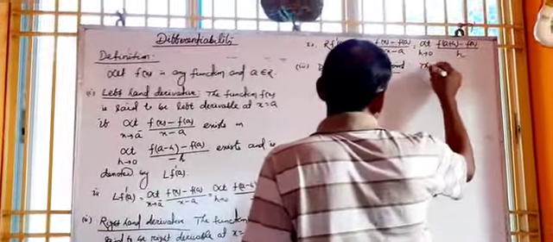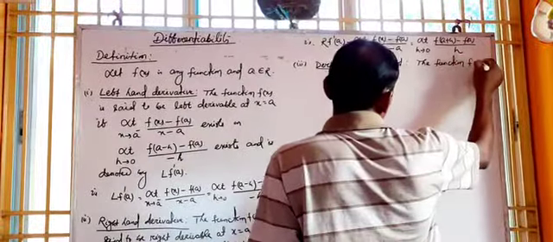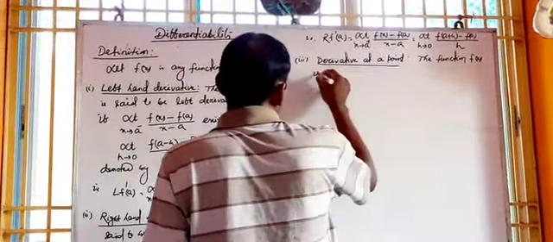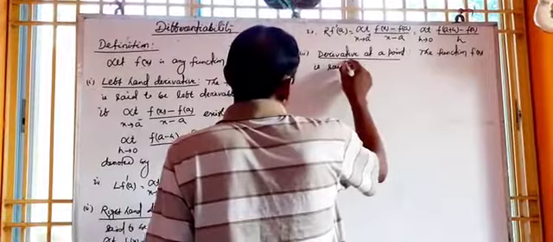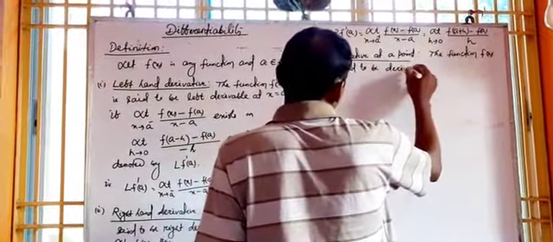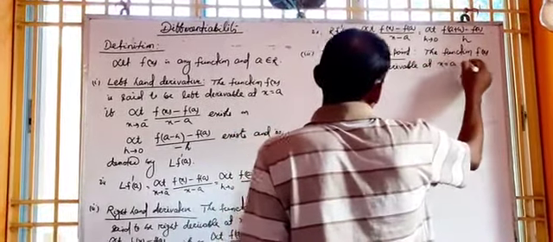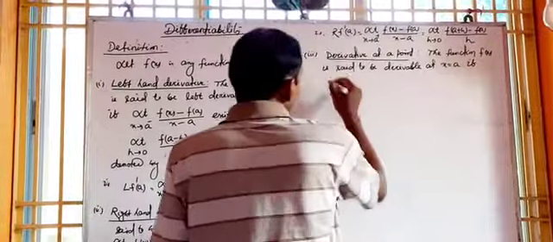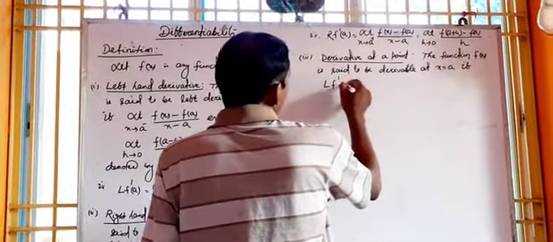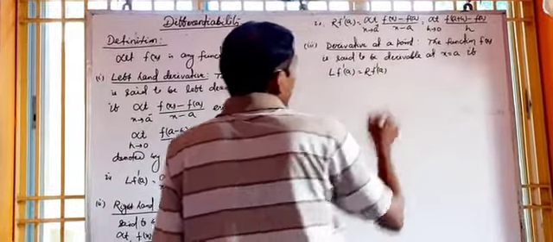Here you can say that the function f of x is said to be derivable at x equal to a if L f dash of a equal to R f dash of a.